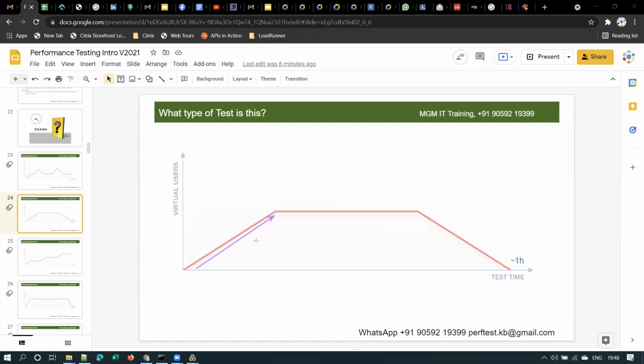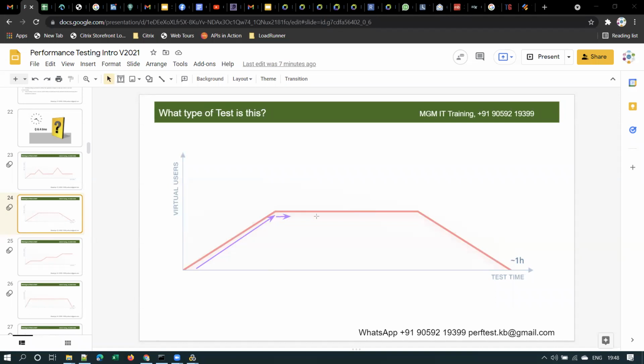For any application, like Redbus, a net banking application or an e-commerce application, all users will not log in at once in the morning. So we gradually increase the user load. This is called ramp up.